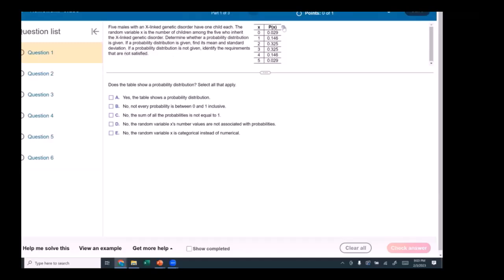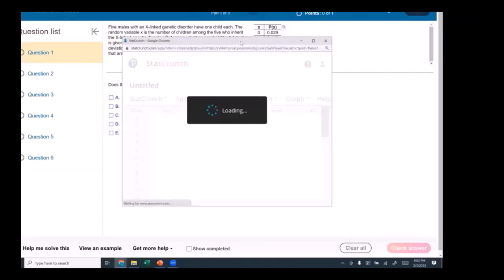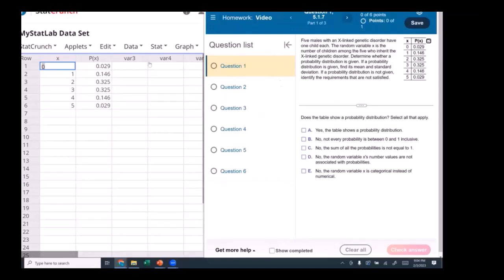I'm going to click on my little bar here, and I'm going to open this in StatCrunch. Here's my values. First thing I want to know is, are all my X's numeric? Yes, they are. Number 1. Number 2, we're going to have to figure that out in a minute. Number 3, are all my probabilities between 0 and 1? And yes, we can see that all the probabilities are between 0 and 1.